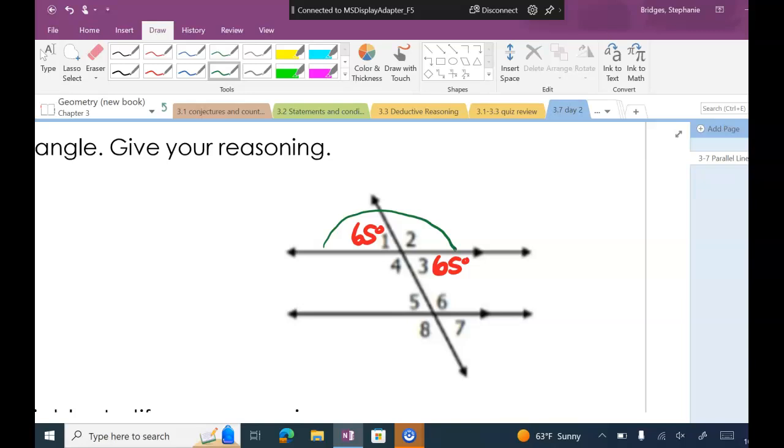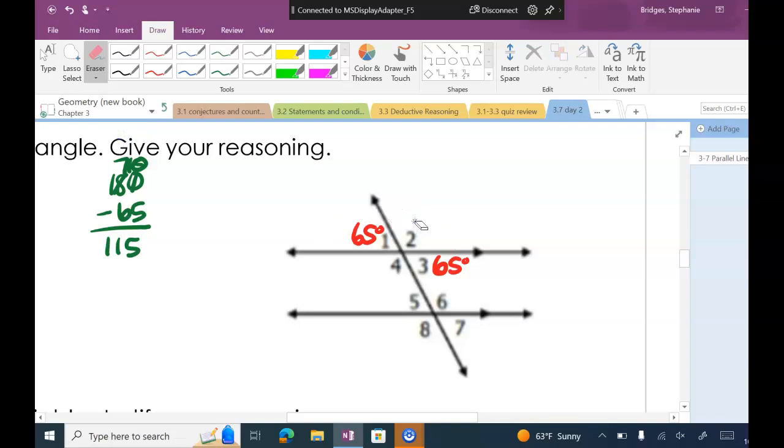So can I figure out what angle 2 is? 180 minus 65? What'd you say that was? 115. All right. And if angle 2 is 115, what other angle at the top is going to be 115 because it's vertical? 4.